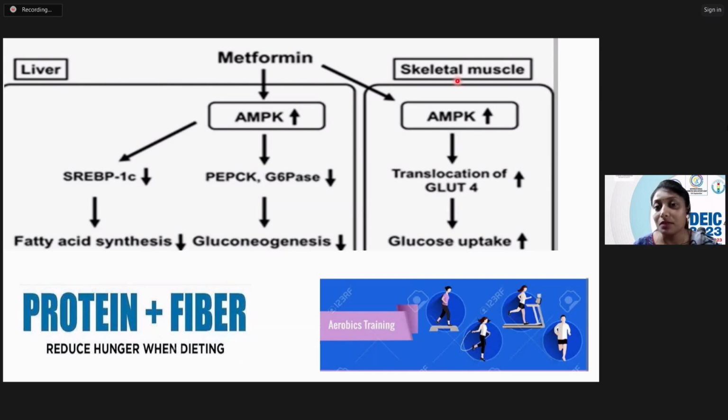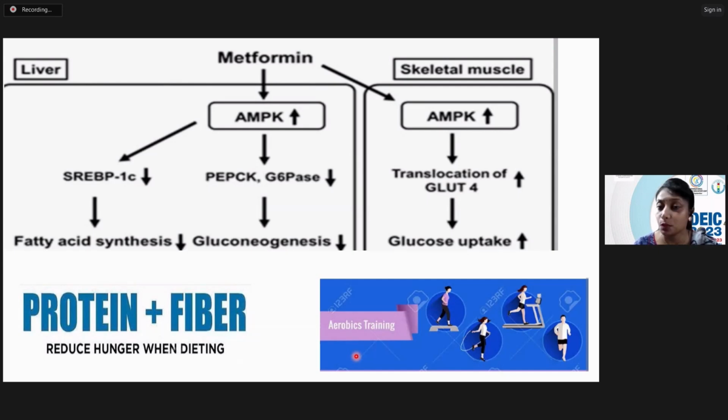For our skeletal muscles, the same metformin helps to expose more and more GLUT4, that is glucose transporter 4. Glucose transporter 4 makes sure that there is the right amount of glucose influx happening in the cells. Now, with a simple lifestyle change where we can add some amount of aerobic exercise, some amount of high intensity exercise, our muscle cells will be modulated.